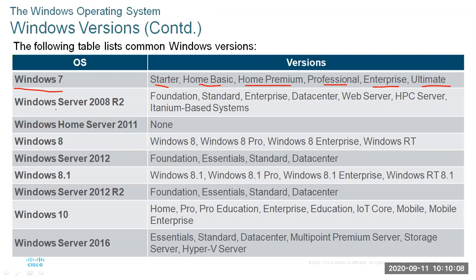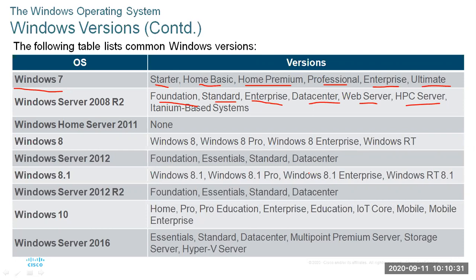Then you have Windows Server 2008. We have the Foundation, the Standard, the Enterprise, the Data Center, the Web Server, the HPC Server. So it comes with all these versions. The version that you install on your network is the version that you need.